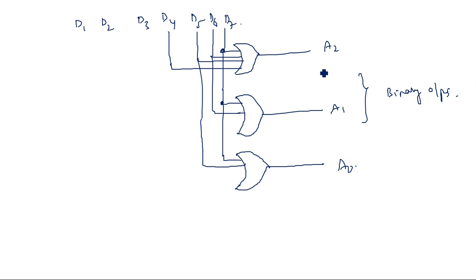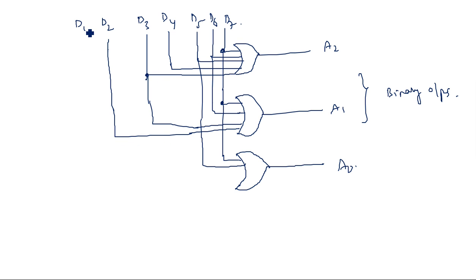D3 means 011, so these two are ones, A1 and A0. D2 means 010, so only A1 is there.